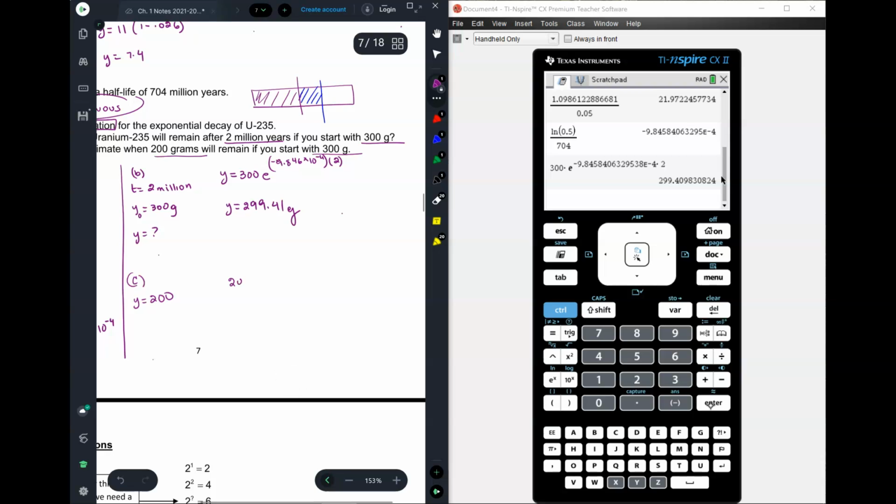So 200 is equal to 300 e to the negative 9.846 times 10 to the negative 4 t. Divide by 300 on both sides. I get 2 over 3 is equal to e to the negative 9.846 times 10 to the negative 4 times t.